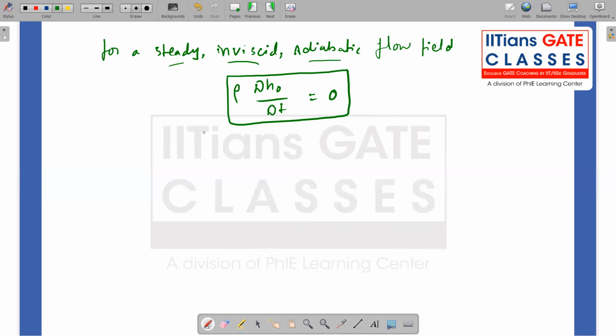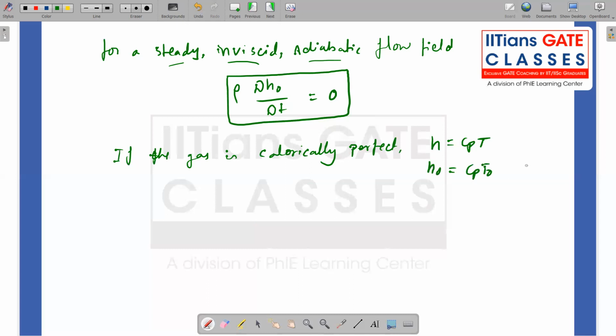So we can go on and define the stagnation temperature. If the gas is calorically perfect, then I can write H is equal to CpT, or H naught is equal to CpT naught, with Cp constant.